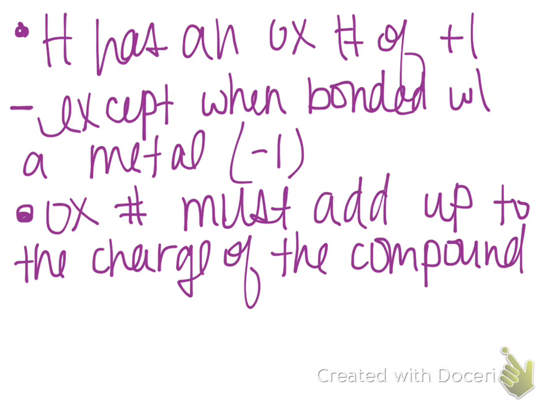So if the compound overall is neutral, what does our oxidation number need to add up to? 0, right? If our charge is -1, our oxidation numbers need to add up to -1. That should make sense because oxidation numbers are accounting for all of the electrons within our compound, so our charge should account for all of our electrons as well. Oxidation numbers are very similar to charges.